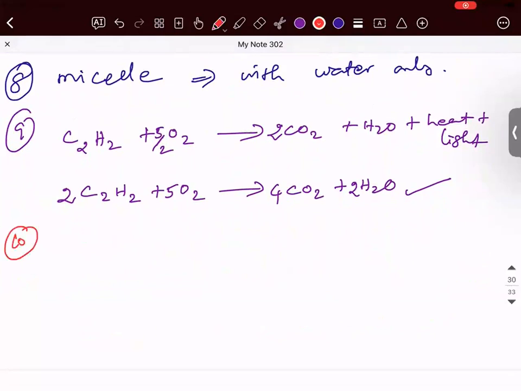Explain the formation of scum when hot water is treated with soap. So what is soap? C17H35COONa or COOK, sodium stearate.